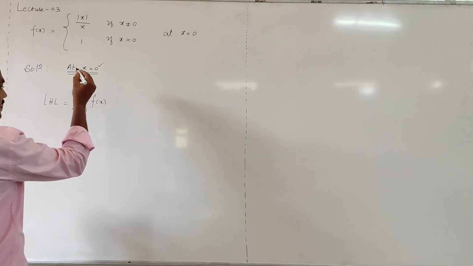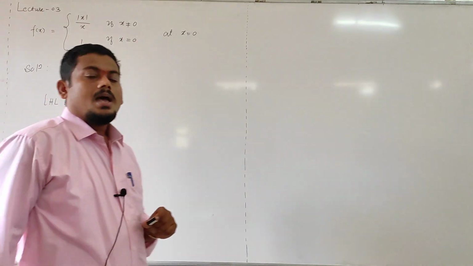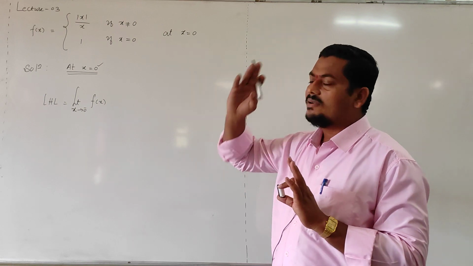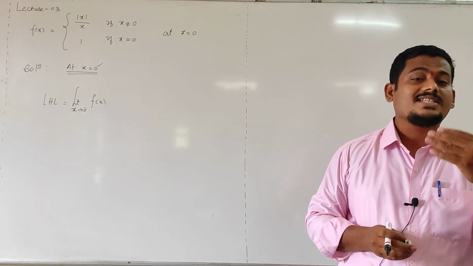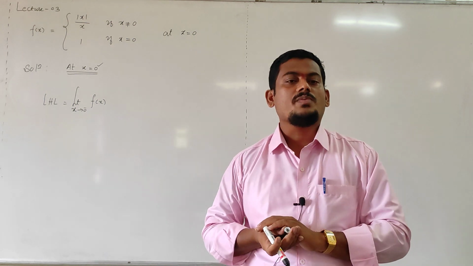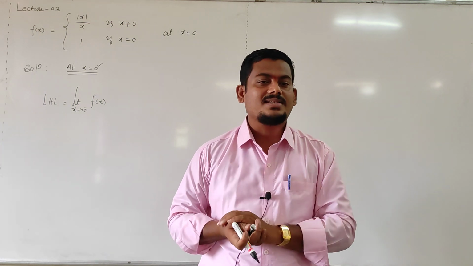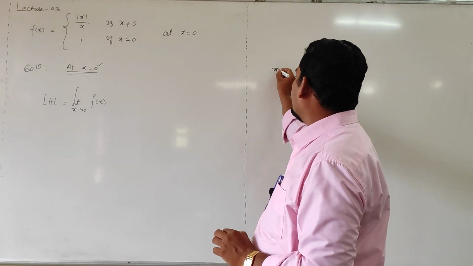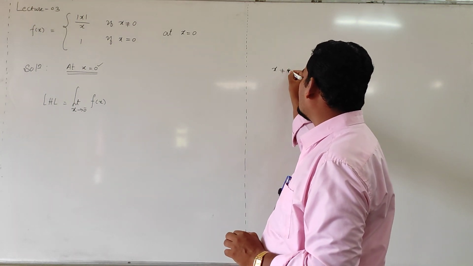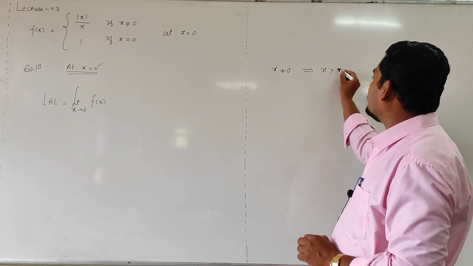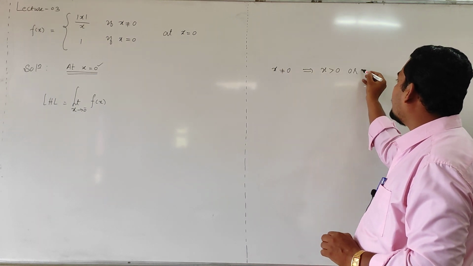And one more thing, x not equal to 0 they have given. What is the meaning of not equal to 0? X not equal to 0 means x value may be less than 0 or more than 0, right? If x not equal to 0 is given, its meaning is either x positive or negative.